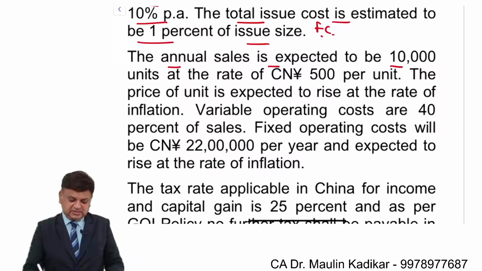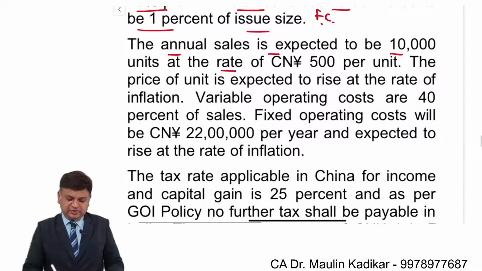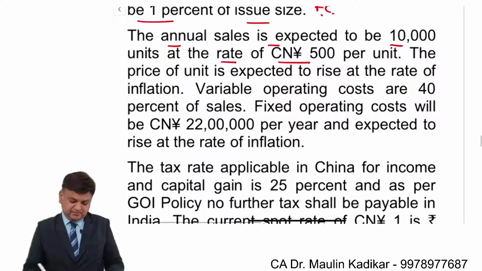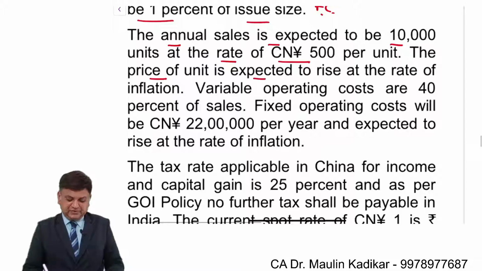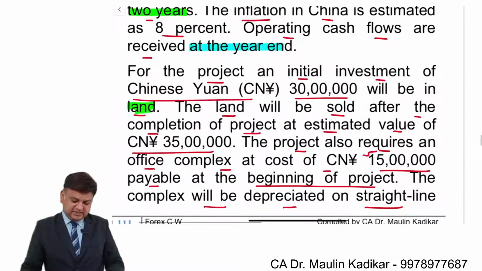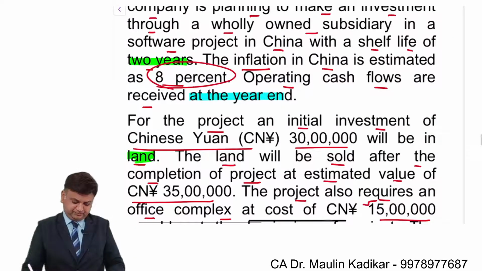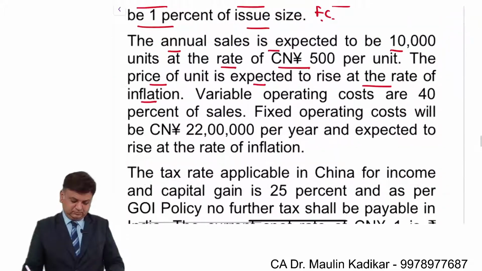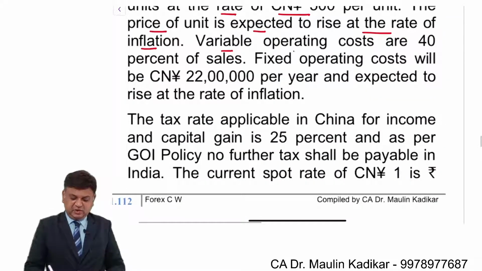The annual sales is expected to be 10,000 units at the rate of 500 Chinese Yuan per unit. The price per unit is expected to rise at the rate of inflation, that is 8%. Variable operating costs are 40% of the sales.